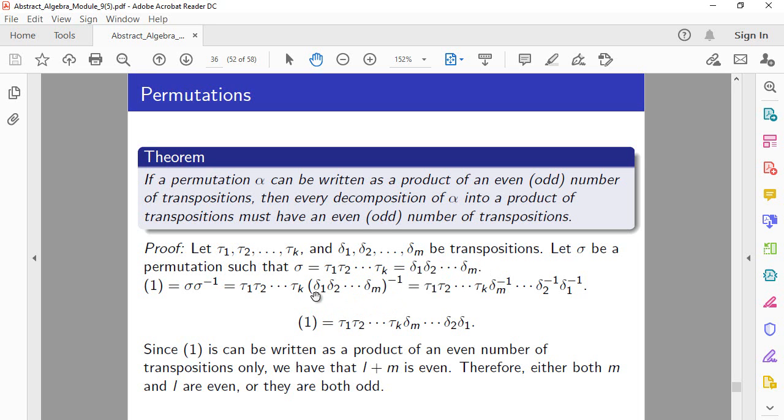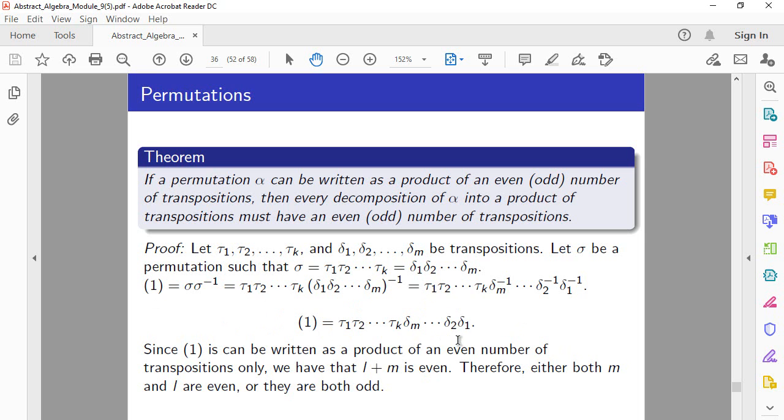Now, the inverse of a product, we know, is the same as delta m's inverse multiplied by dot dot dot delta 2 inverse, delta 1 inverse. But the inverse of a transposition is itself, so we see that the identity permutation is equal to tau 1, tau 2, dot dot dot tau k multiplied by delta m dot dot dot delta 2, delta 1.